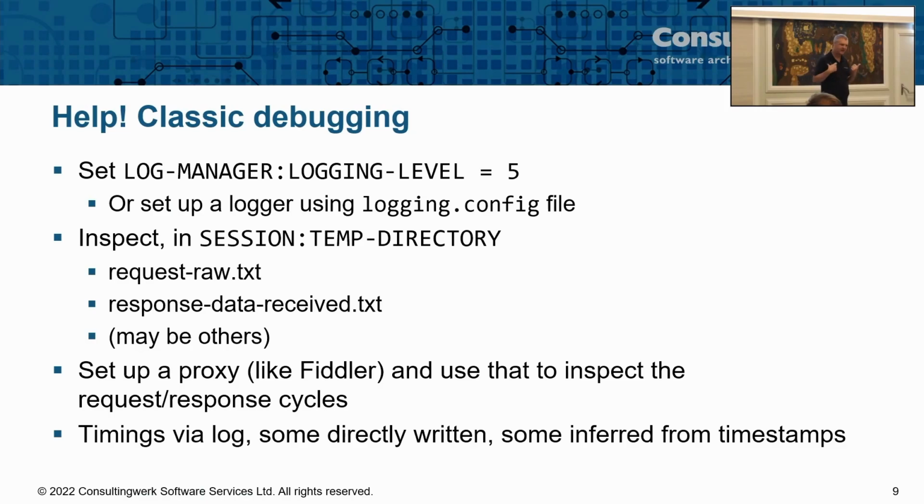On the return side, it gets a file called response data received, which is the blob of bytes that comes off the server. So HTTP 1/1 space 200 space OK, or 418 I'm a teapot, or whatever that might be, the headers, the cookies, the bytes that come back, just dumped onto disk. So you can see what's gone wrong, if anything's gone wrong.